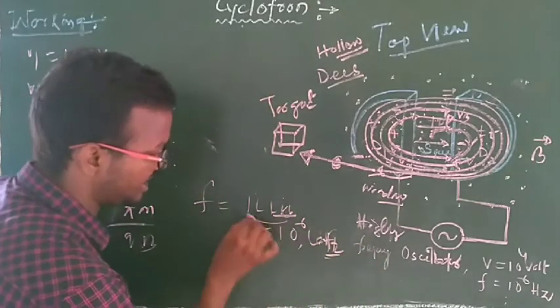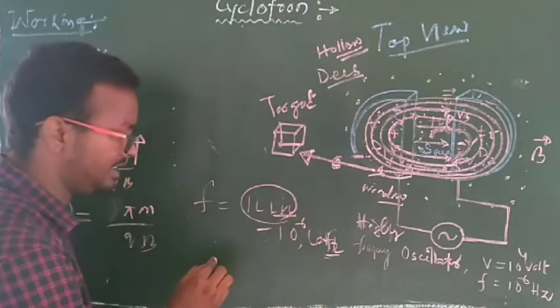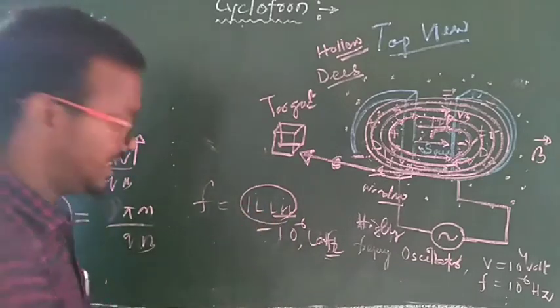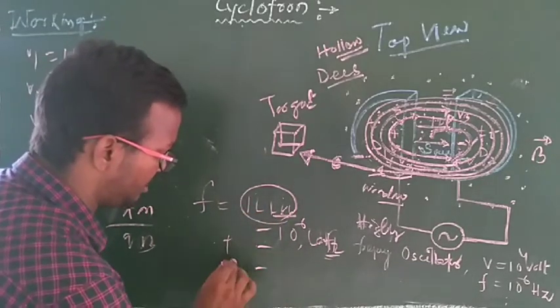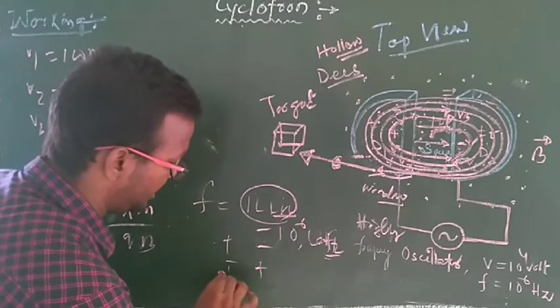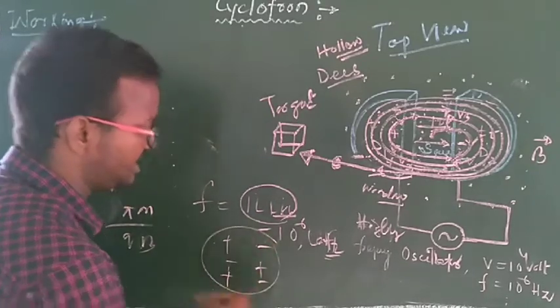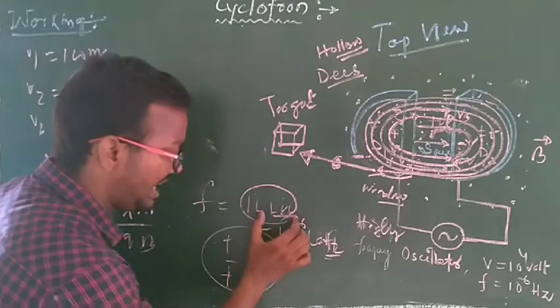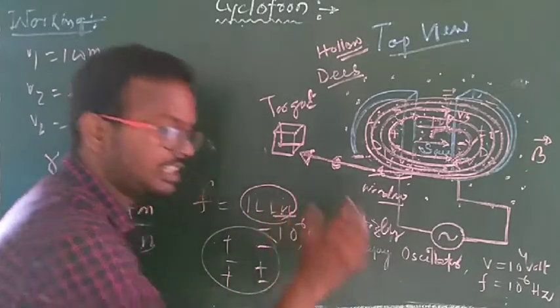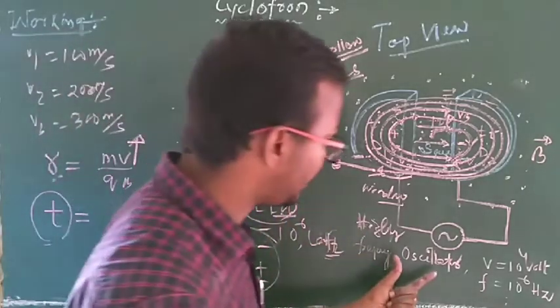That means it changes its polarity 1 lakh times in 1 second. That means positive negative, negative positive, positive negative, negative positive, then positive negative. In this way it changes its polarity 1 lakh times to 10,000 lakh times.